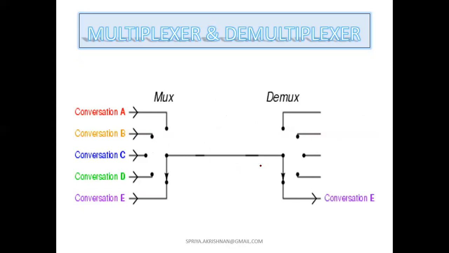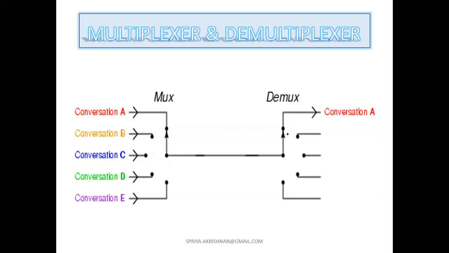So what is a mux? In a mux, I will have a control switch. I can select which input I want to take. Similarly, in a demux, I will also have a control switch, and I can select which output should be connected.